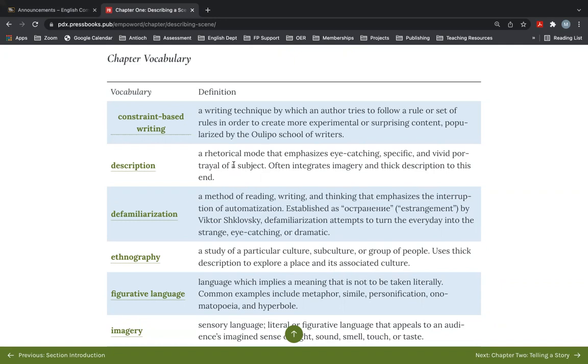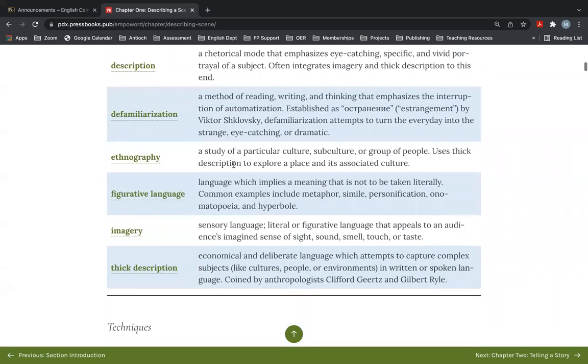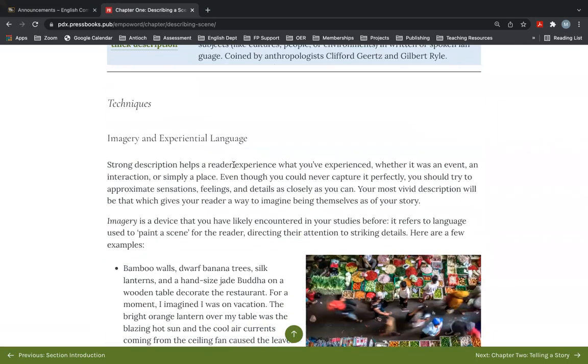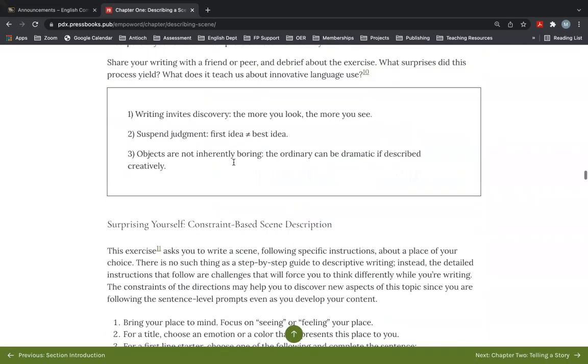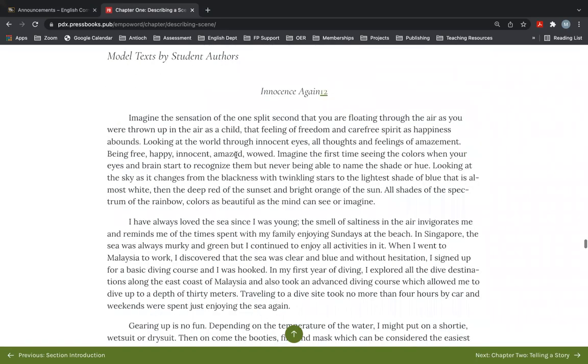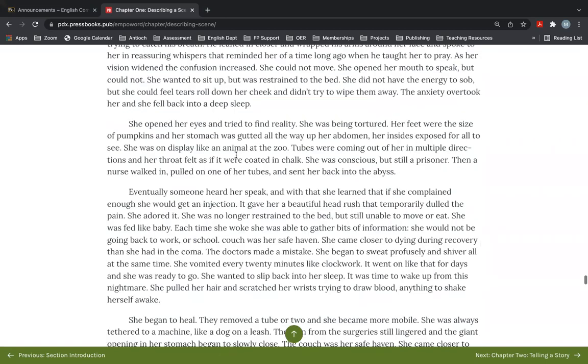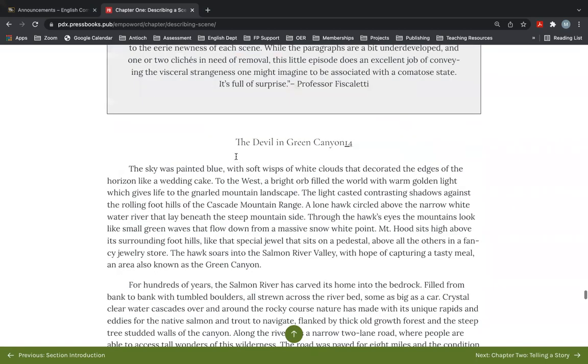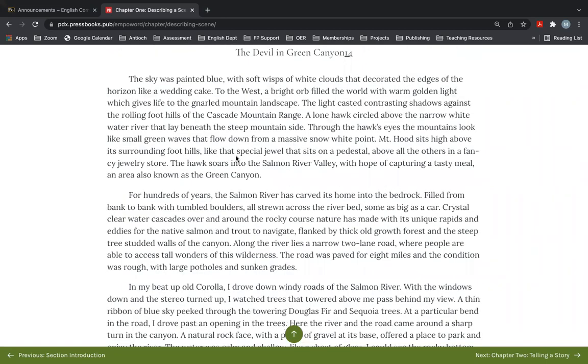They may not be as descriptive, and sometimes longer sentences are descriptive. So just looking at a piece, I'm gonna scroll down to one of the examples, just looking at reading something and thinking about what is it that you remember from it, and why do you think you remember those particular aspects of something that you read.